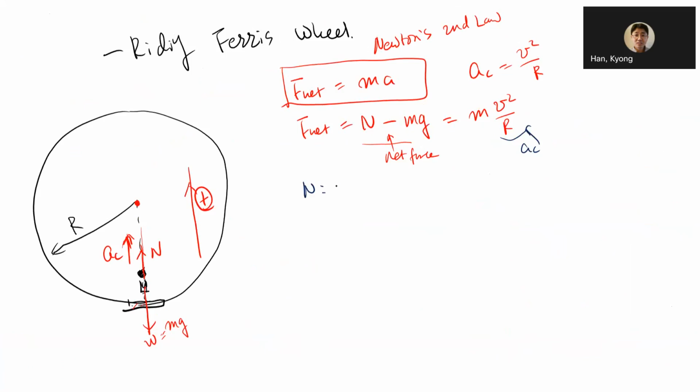N is the normal force, which is just the seat pressing on her, acting on her. Okay, so N will be mg plus mv squared over r.